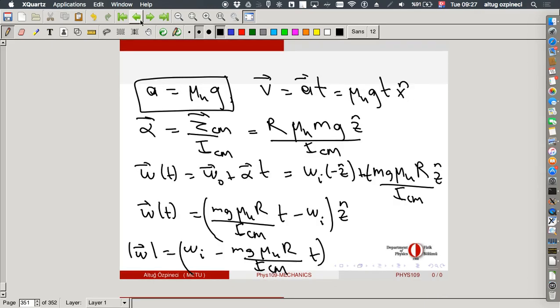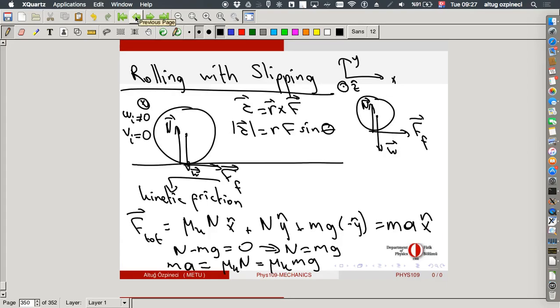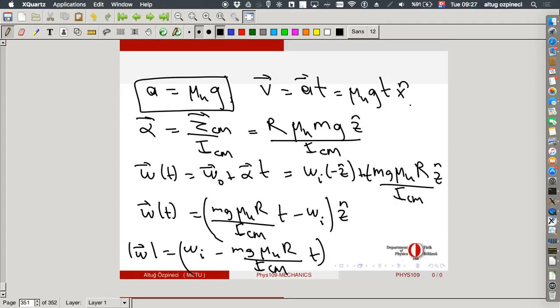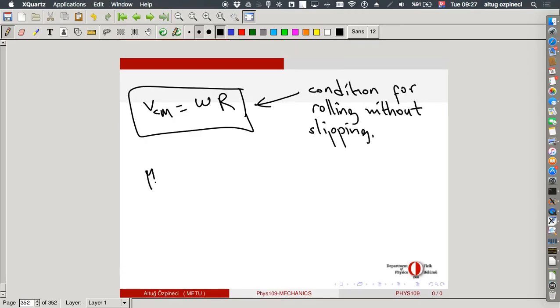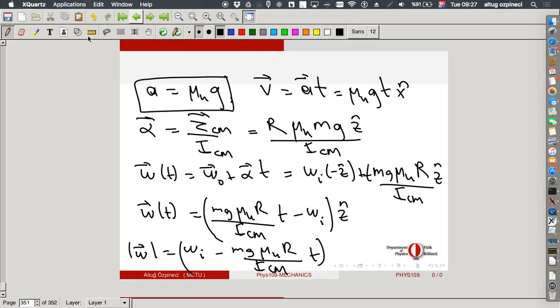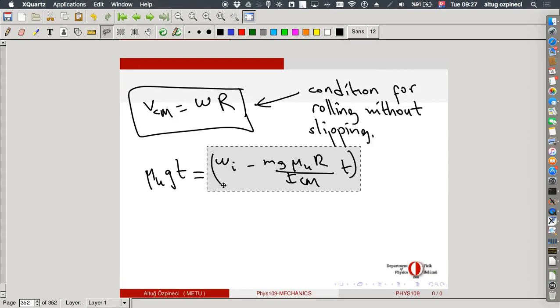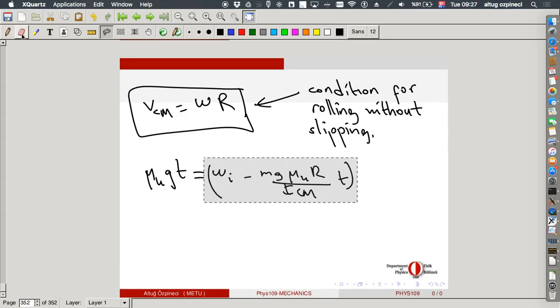So let's see, we already know what the velocity of the center of mass is. Here, it's mu k g t, the speed of the center of mass. This should be equal to, well, we know what the magnitude of omega is, times r.